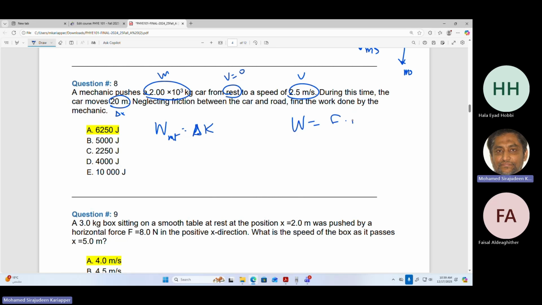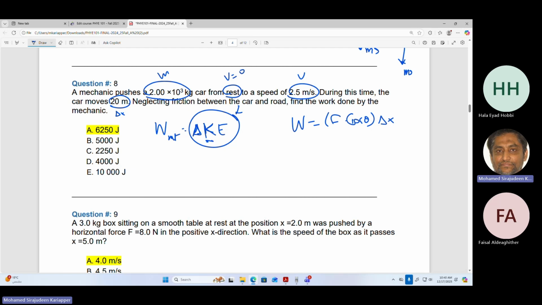The definition of the work done is F cosine theta delta x, but we don't know the forces. But we know its initial speed, the final speed, and its mass as well. So we can get the change in the kinetic energy of this car.